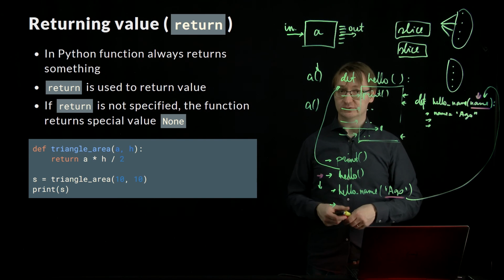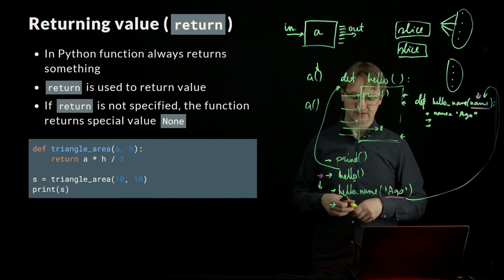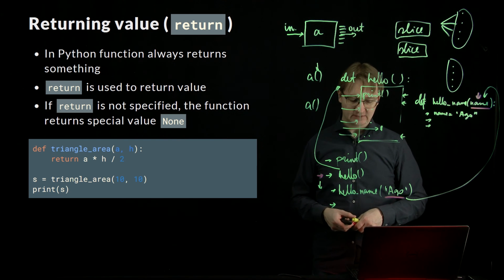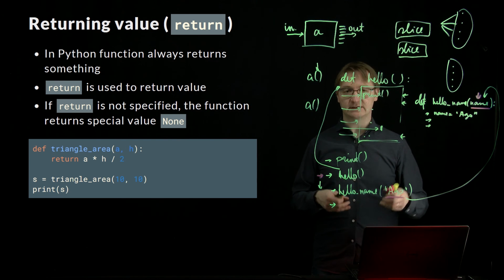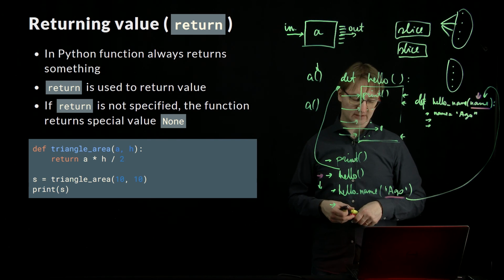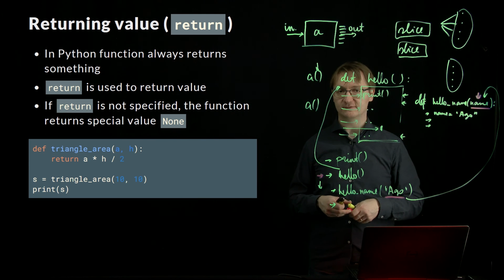And how to use this return statement? We have a function called triangle area, which calculates the area of a triangle. We get two values, the base and the height of the triangle. We calculate the area and return it.